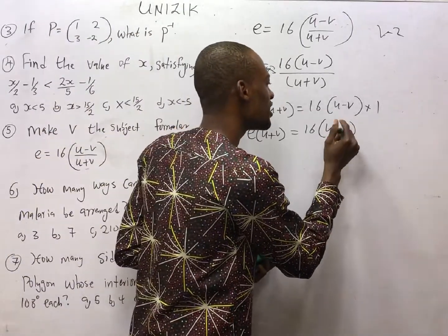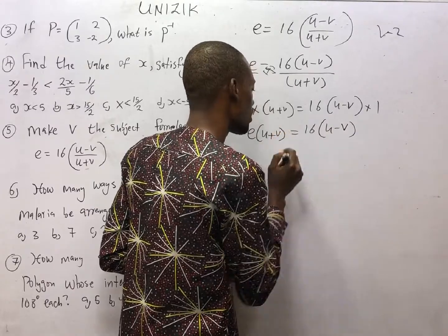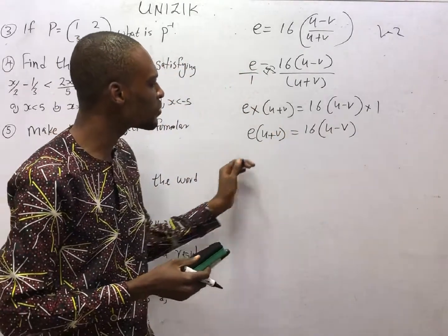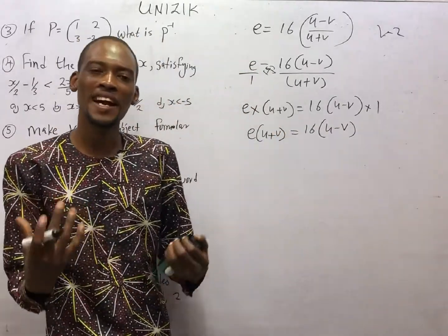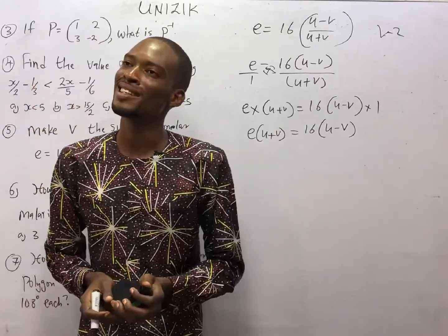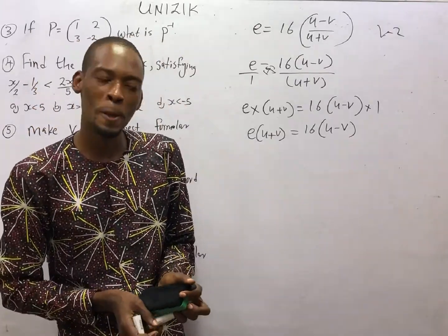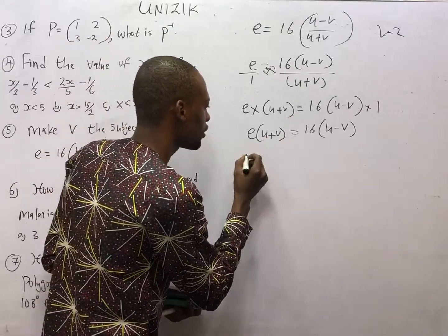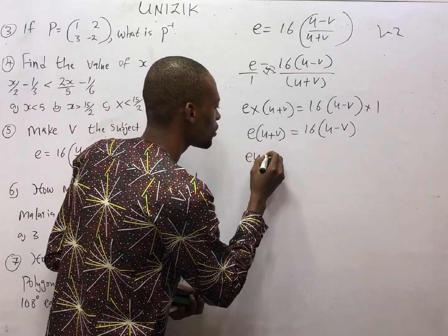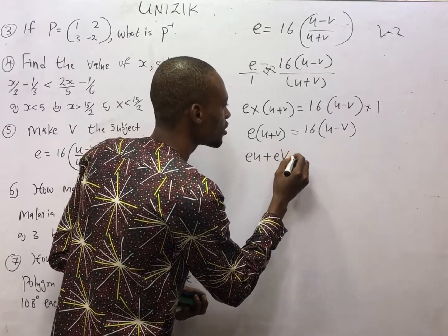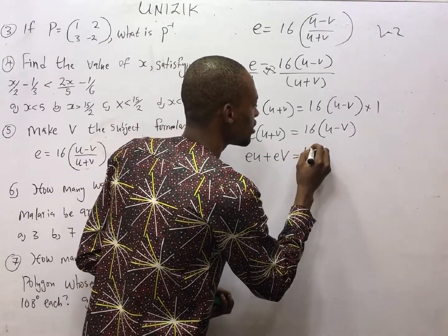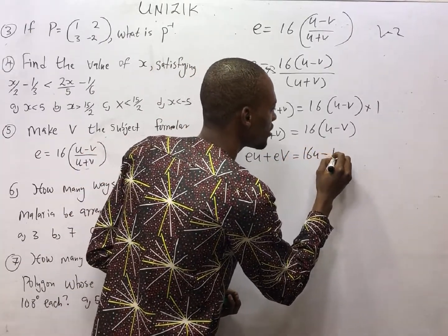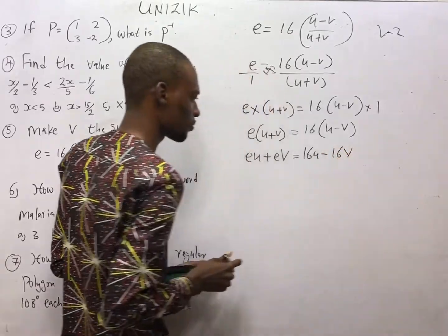So since I have v here and v here, how about I decide to open up the bracket to see if I can collect v as like terms? Would that work? Let's try. If I open up here, I have EU plus EV, then here equals 16U minus 16V.